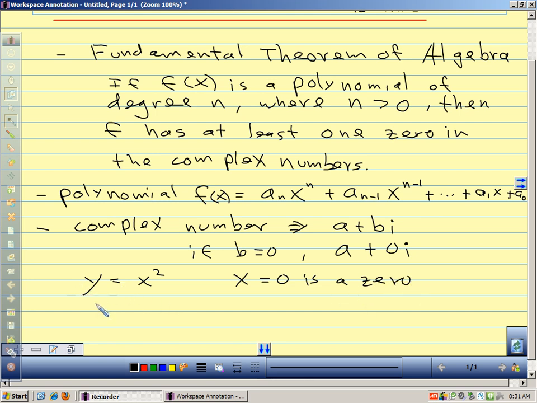In order to solve this, we say x squared equals 0. So we take the square root of both sides, and we say x equals plus or minus 0. So this 0 is a root with multiplicity 2. So according to the fundamental theorem of algebra, we would say that this equation has two zeros. They just both happen to be 0.